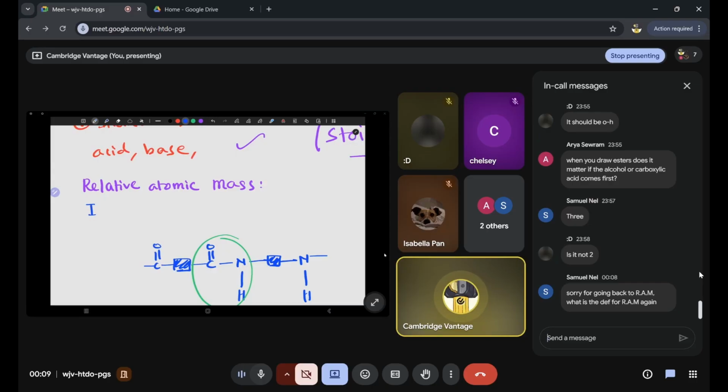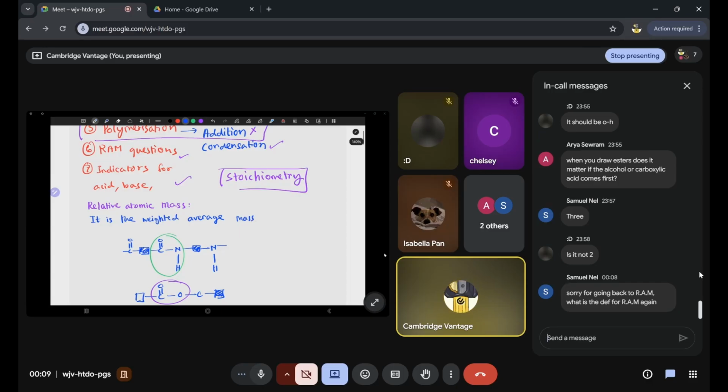The one that I would suggest you write is it is the weighted average mass of all the isotopes of an element relative to 1/12 of the mass of a carbon 12 atom.